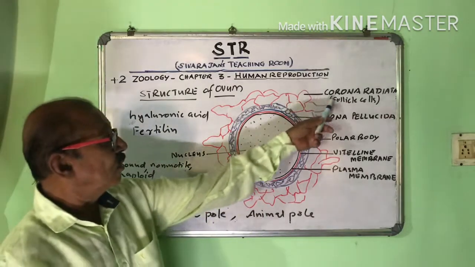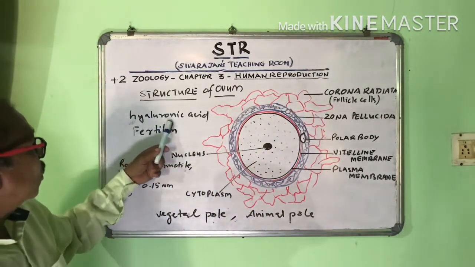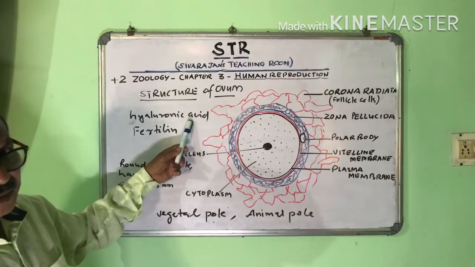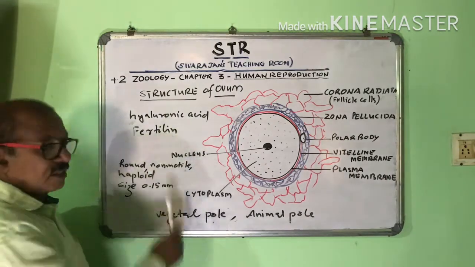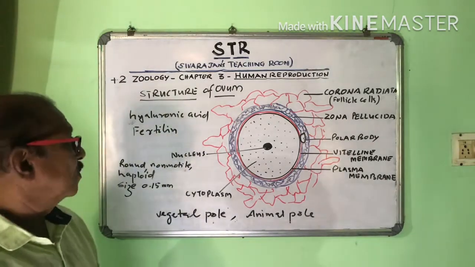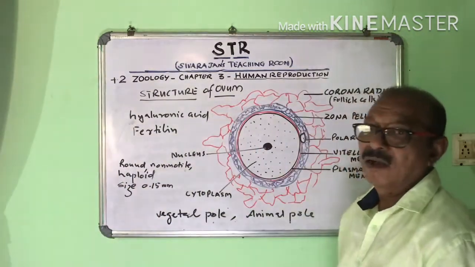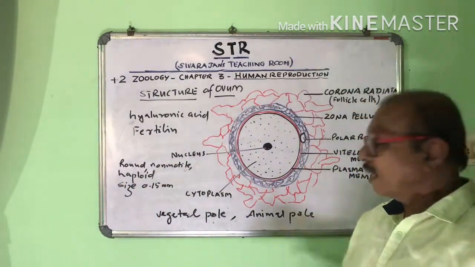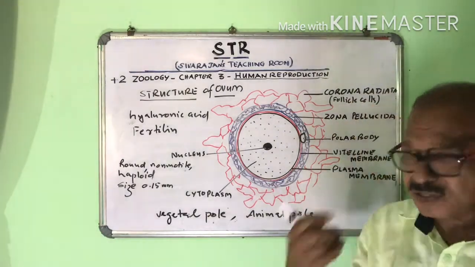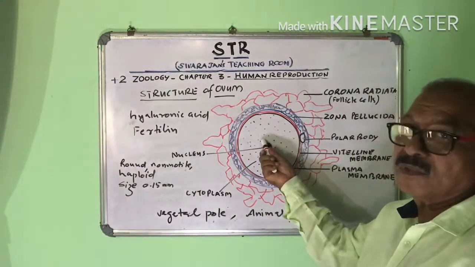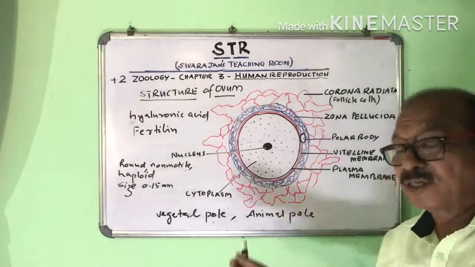It is also called fertilin. This fertilin prevents the entry of any foreign particle or any foreign cell into this ovum, so that the sperm also cannot get into it.